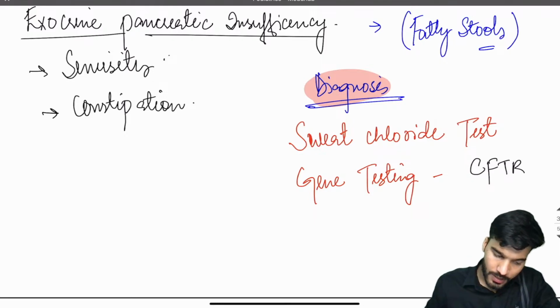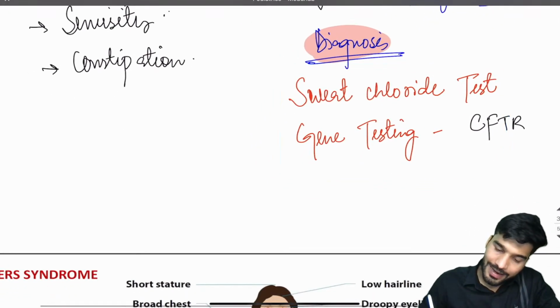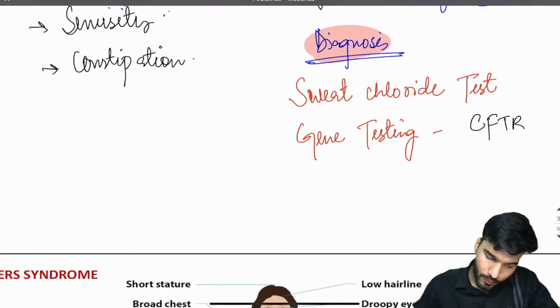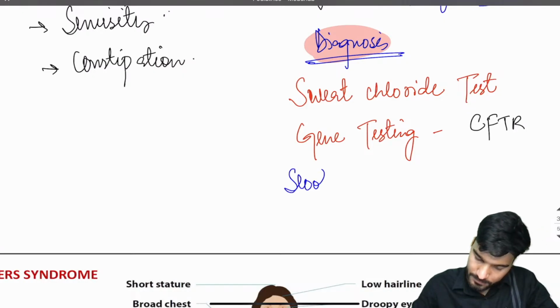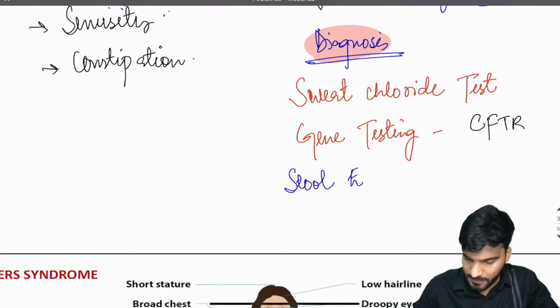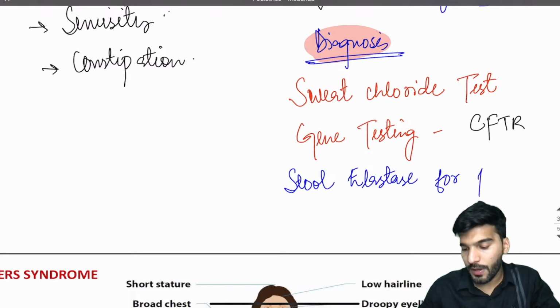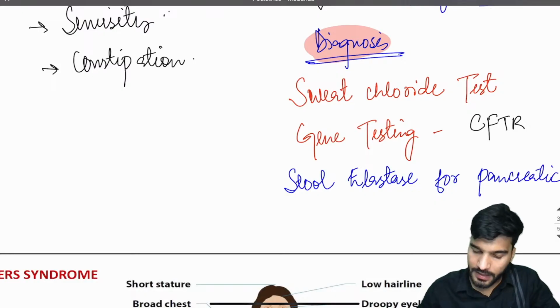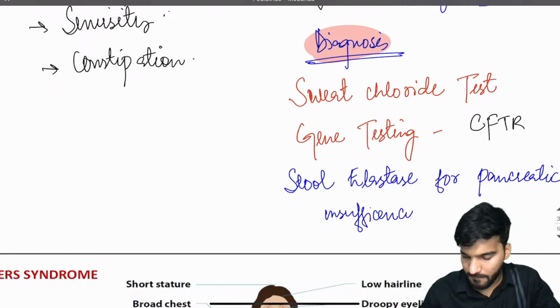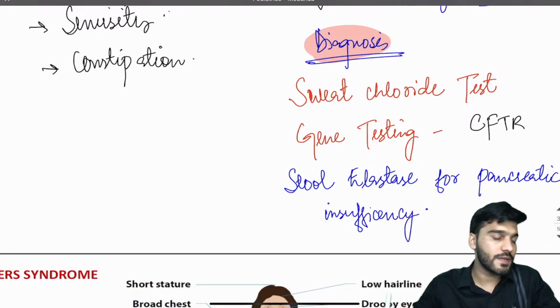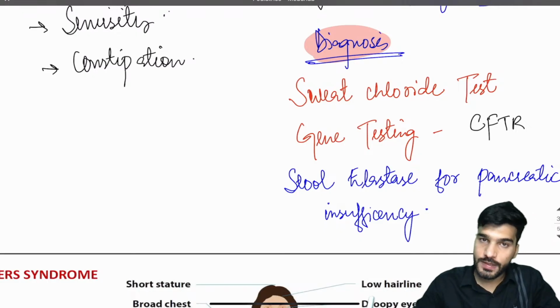And for the pancreatic insufficiency, we go for stool elastase. Clear?